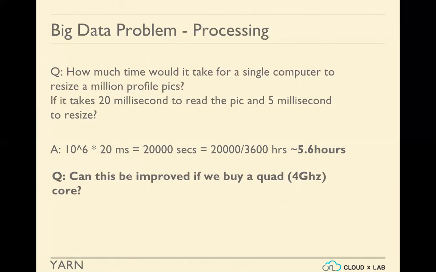But can this be improved if we buy a really fast disk? Yes. So basically, in most of the processing that we encounter, it is the disk that is the bottleneck.